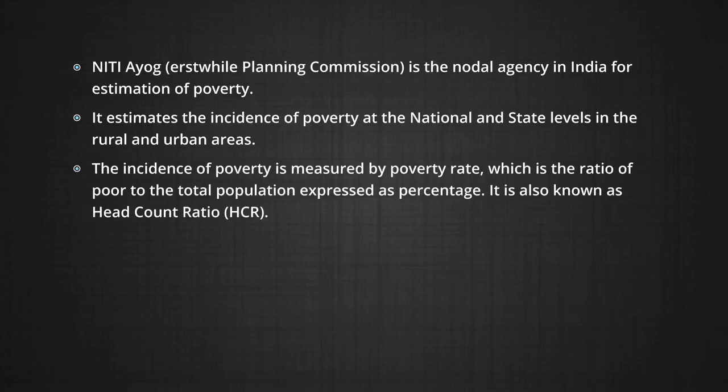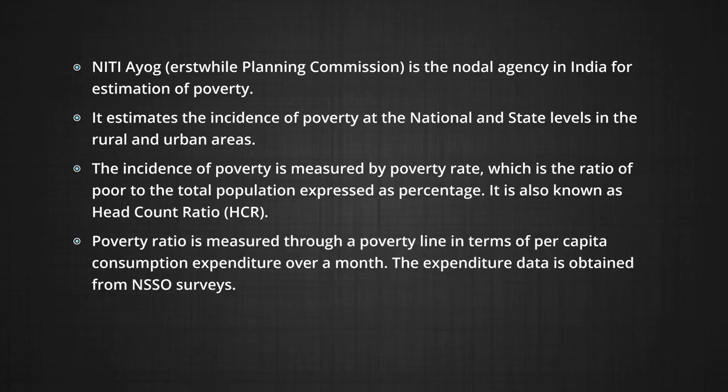The incidence of poverty is measured by poverty rate, which is the ratio of poor to the total population expressed as percentage. It is also known as head count ratio, that is HCR. Poverty ratio is measured through a poverty line in terms of per capita consumption expenditure over a month. The expenditure data is obtained from NSSO surveys.